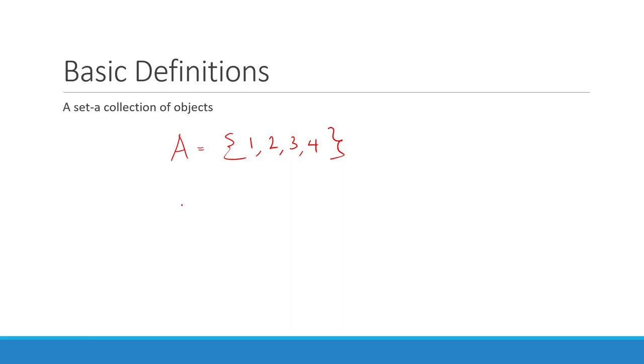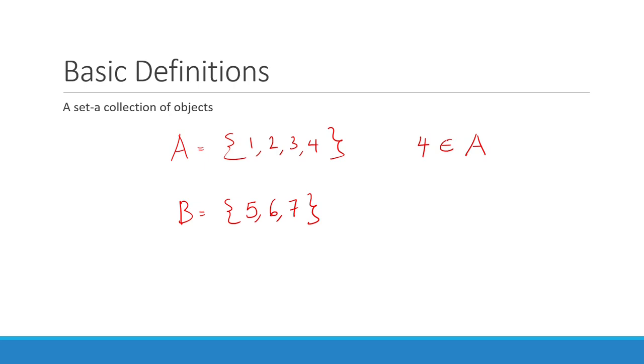this set. We have another set, B, and this set will consist of the numbers 5, 6, and 7. In this set, we have just 3 elements. Now, there's also notation that we should be aware of. We can say in set A, 4 is an element of set A. We use this symbol here.